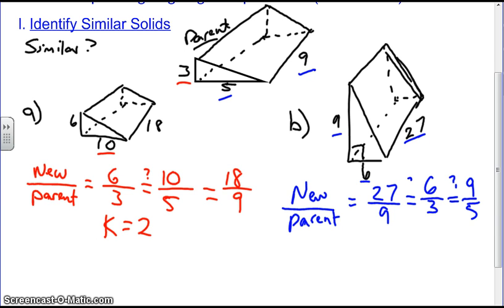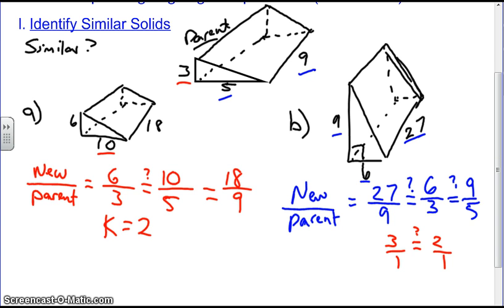So let's put little question marks over these ratios because we're testing to see if figure B is similar to the parent. So if we simplify these ratios, what is 27 over 9? We could call that 3 over 1, right? And how about 6 over 3? That simplifies and becomes 2 over 1.